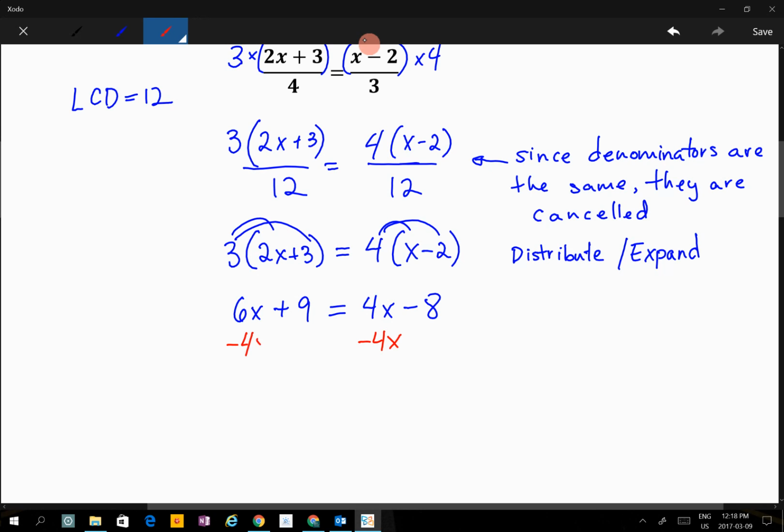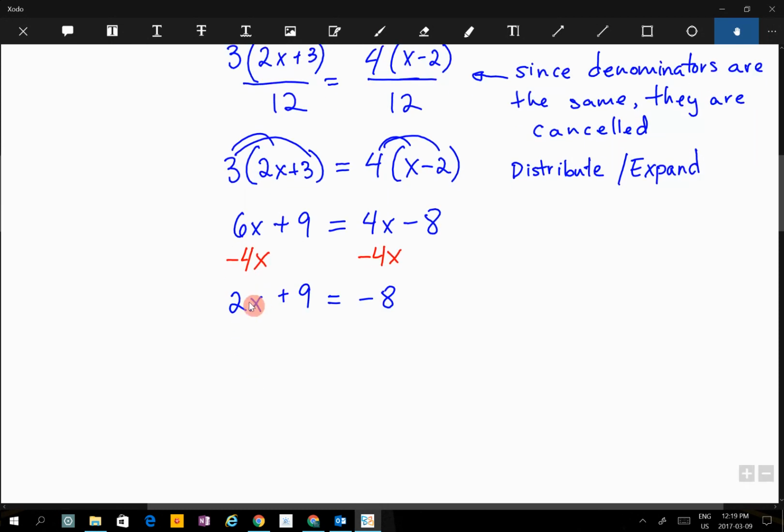Now we're doing it on both sides so you can keep the equation balanced. And by doing so, 4x minus 4x is 0, and I have the minus 8 left over on the right side, and I have 6x minus 4x, which is 2x, and I have plus 9 on the left side. So now I've reduced this equation to one where the variable is just on one side.